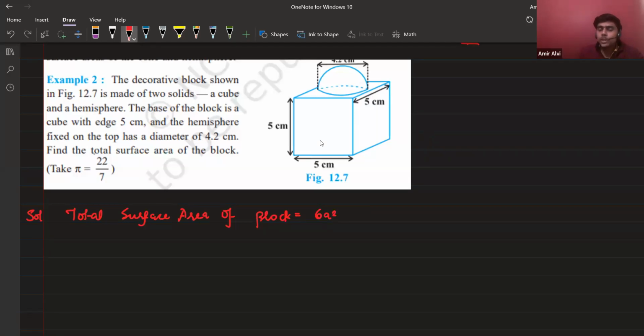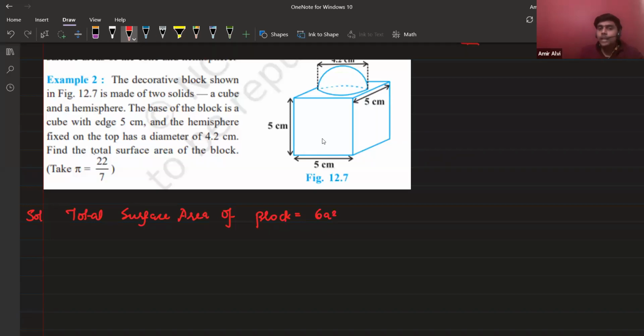Is this first step clear to everybody? To calculate the total surface area of the block, the first step is that you have taken the total surface area of the cube. Yes, sir.